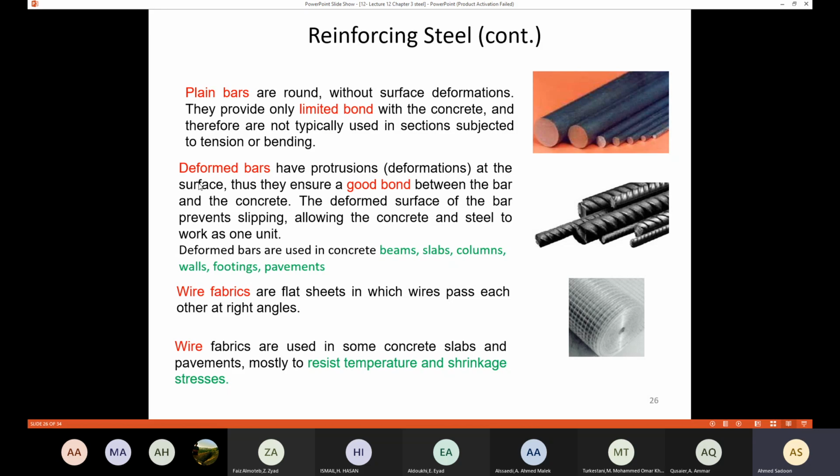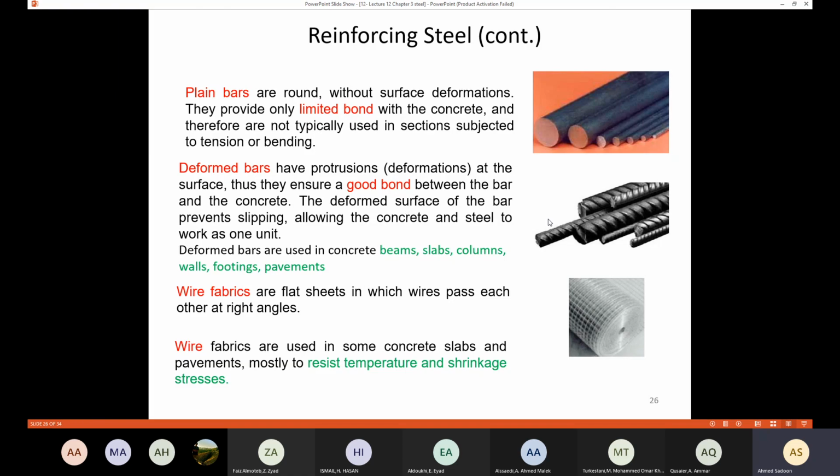The other one, the deformed bars, like this one here, they have protrusions or deformation. We have this one here on the surface. They are going to provide good bond between the bar and the concrete. Because of this deformation, that is going to provide good bond between the rebar and the concrete.